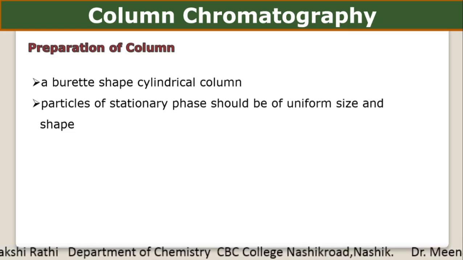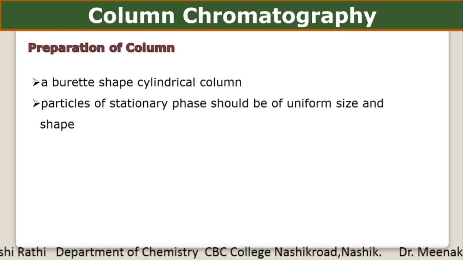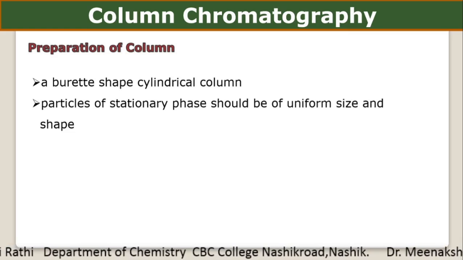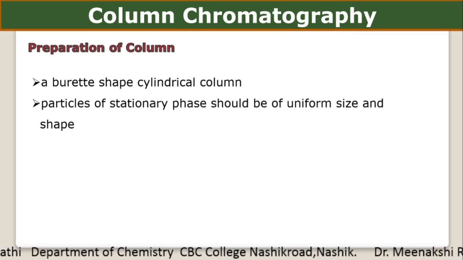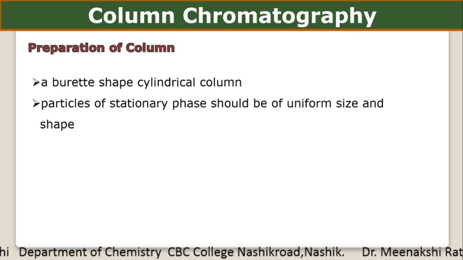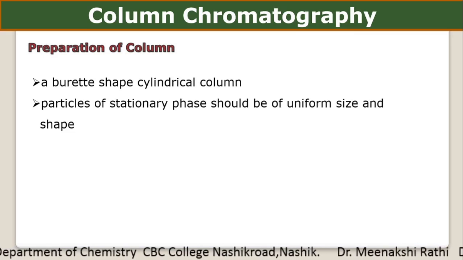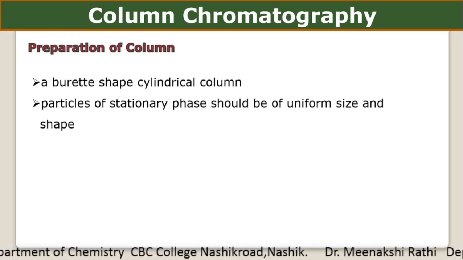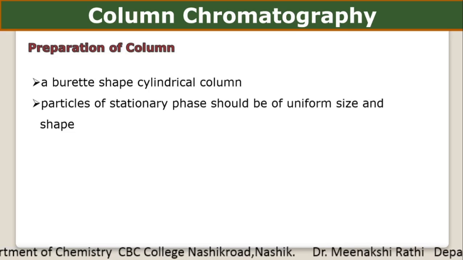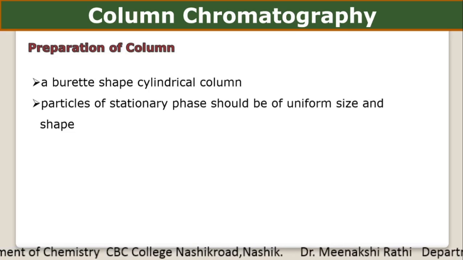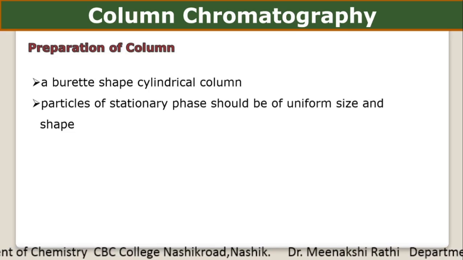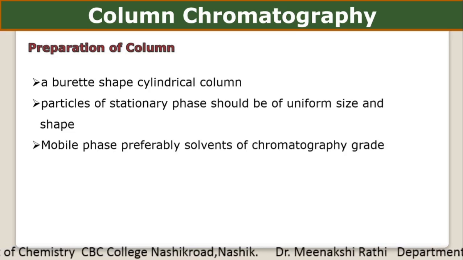So in column chromatography we require a column made up of glass, whose shape is like a burette without markings. For the stationary phase we require a solid compound whose particle size should be of uniform size and shape.